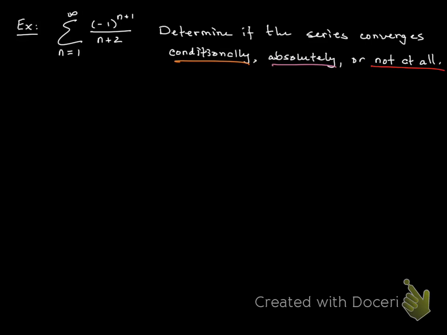All right? So basically, what we want to do is to look at this series and also the series where I take absolute value. So I'm going to check convergence of the absolute value of that a sub n there.